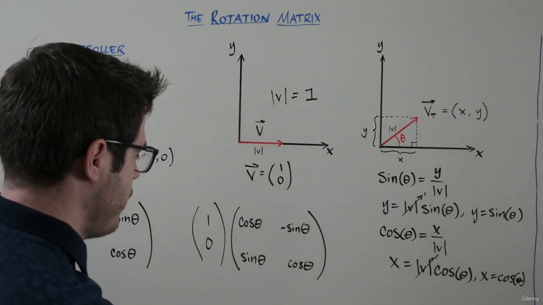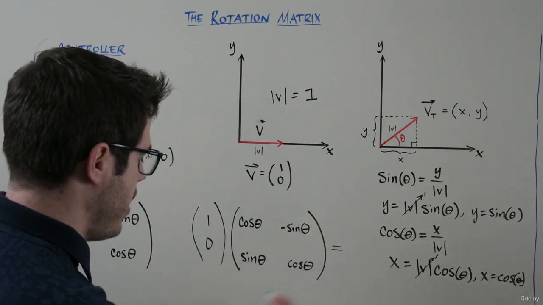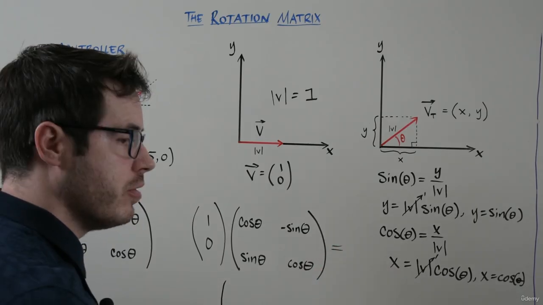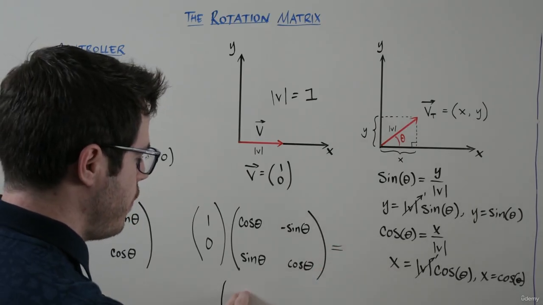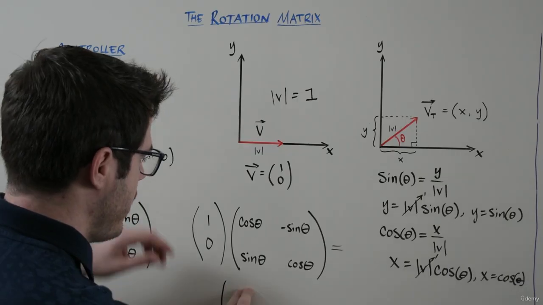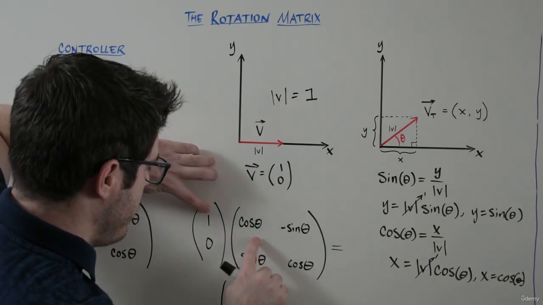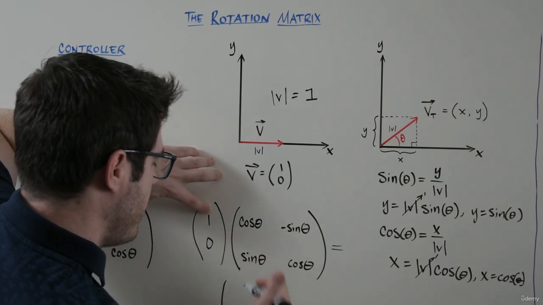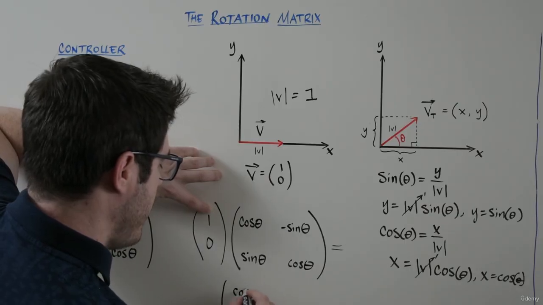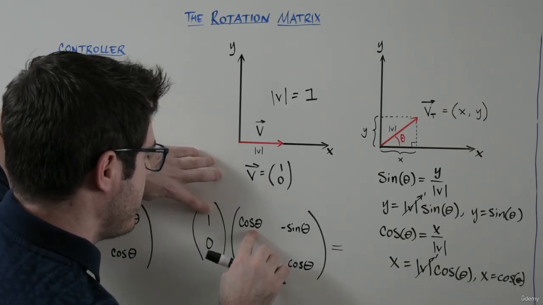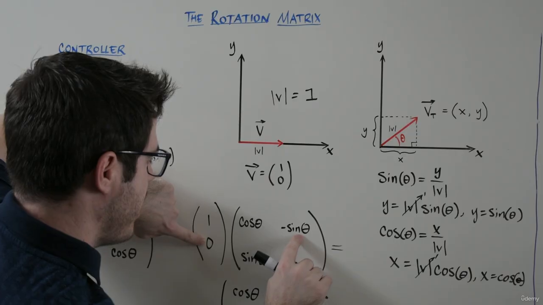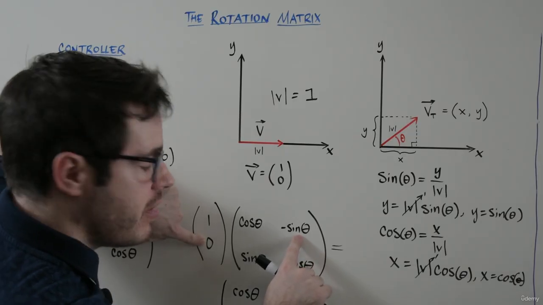So let's do that. So the result of this rotation matrix is going to be equal to the vector whose first element is this dot product. So we take 1 times cosine of theta, which is cosine of theta, plus 0 times negative sine theta, which is 0.